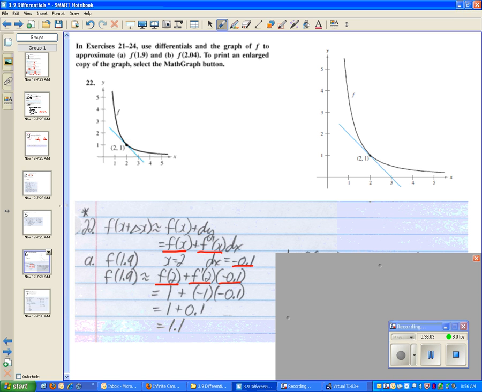How do I know that f of 2 is 1? Yeah, because it says so right there. Okay? How do I know that f prime of 2 is negative 1? It's the slope of the tangent line by inspecting the graph.